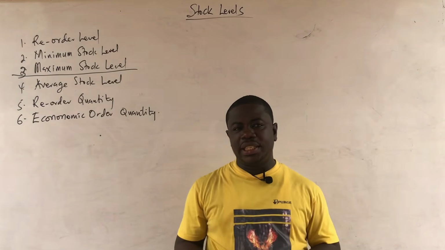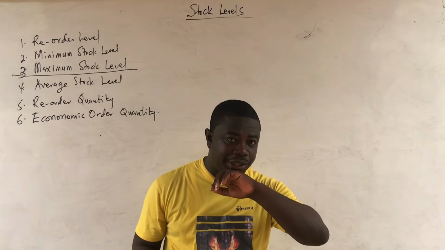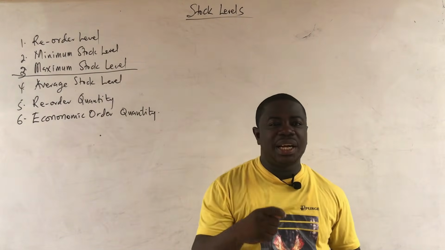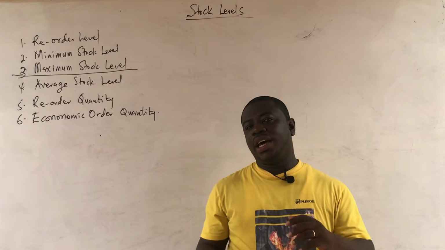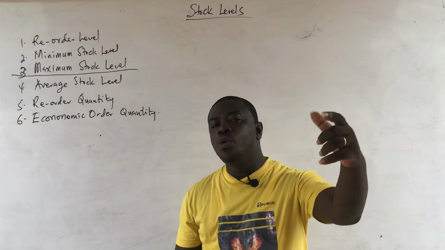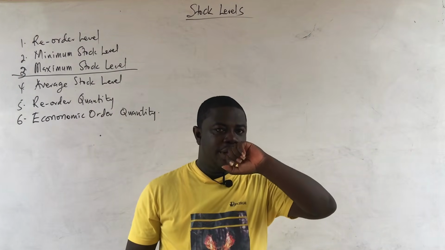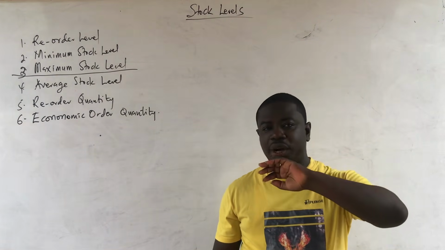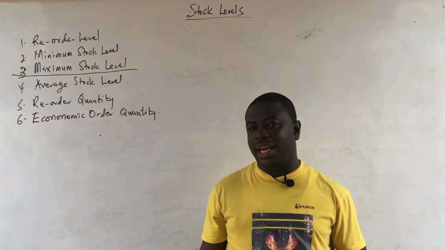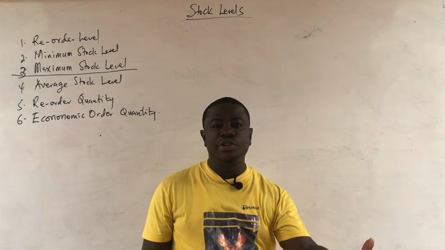What we are trying to say is that as part of inventory management or stock management in every organization, we try as much as possible to make sure that our stocks are always in the right quantity, that inventory do not go beyond a certain level, and that inventory do not fall below a certain level, and that inventory should be ordered at a particular time, and that we expect inventories to arrive.